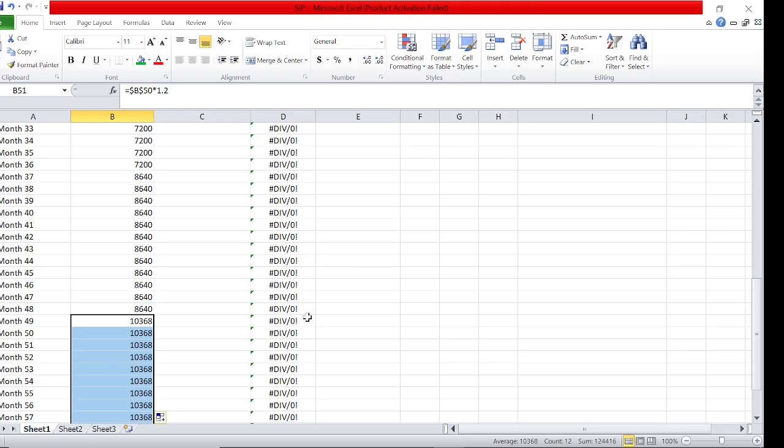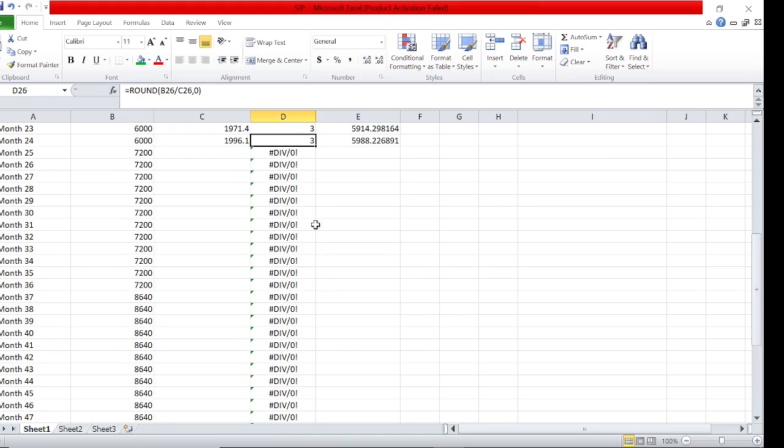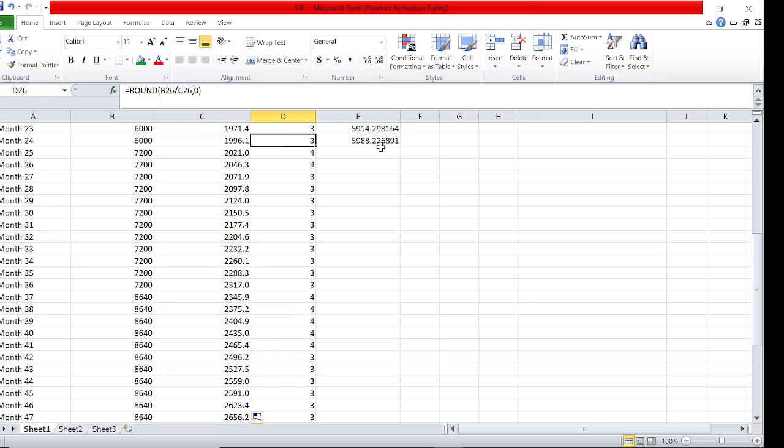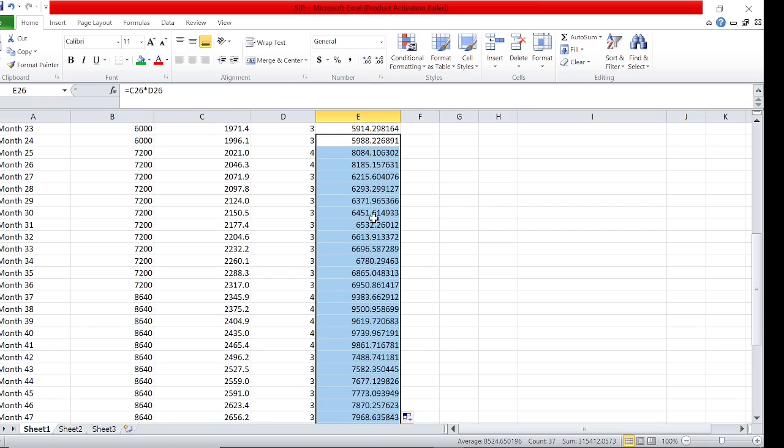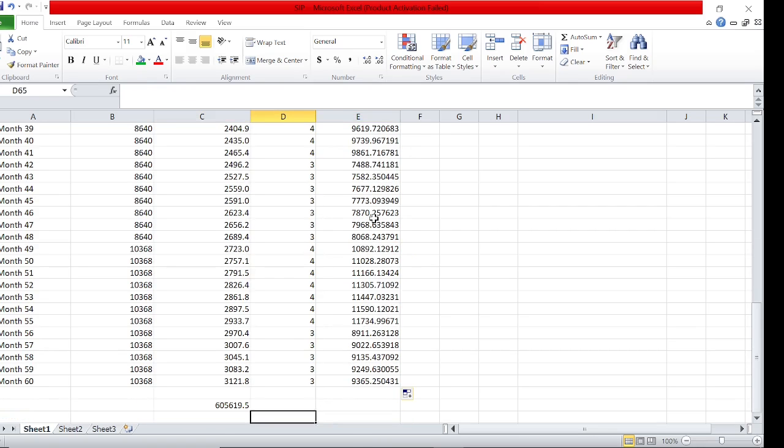So I'm going to just drag this formula till the bottom. I'm going to go back up and fill these cells, and fill up this cell as well, and fill up the last cell. Okay, cool. And I just remove this.